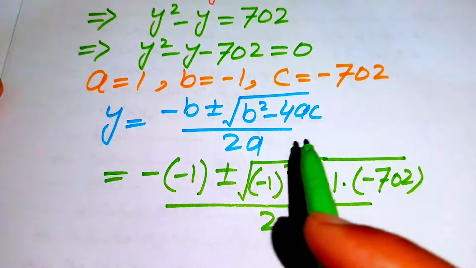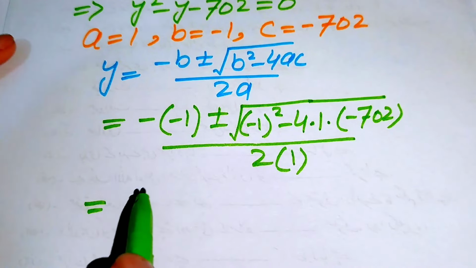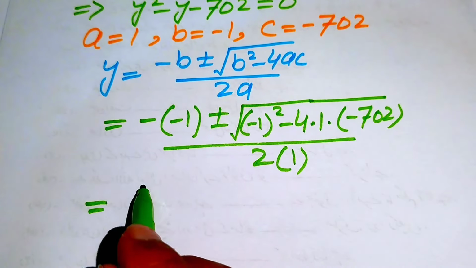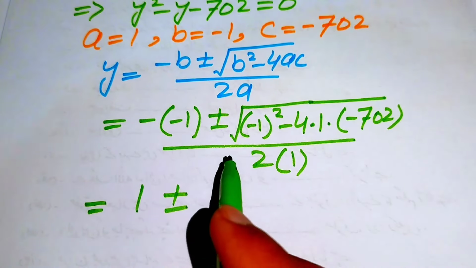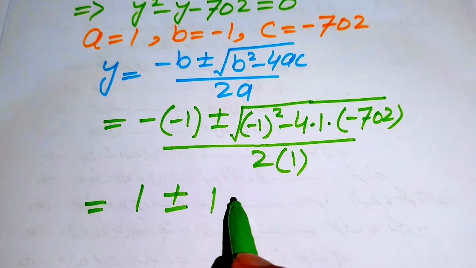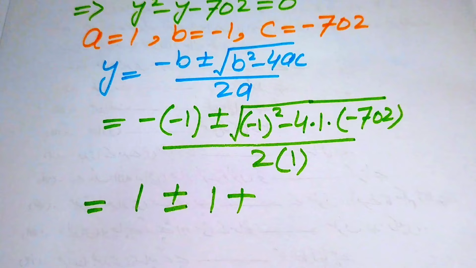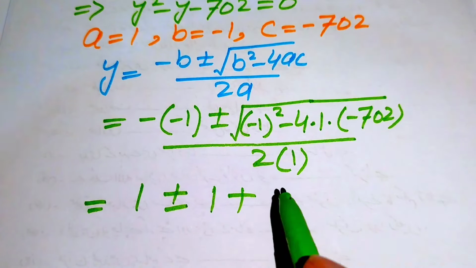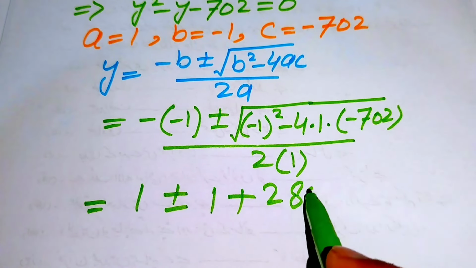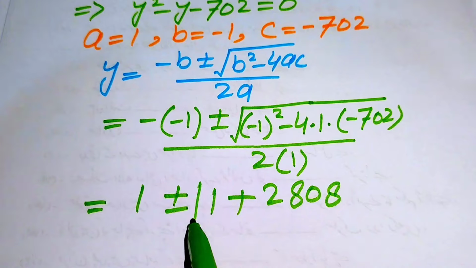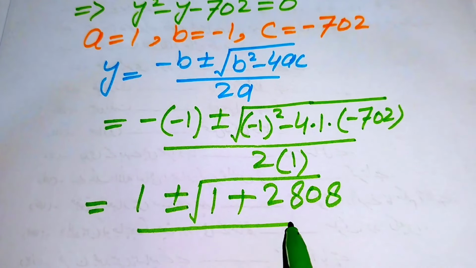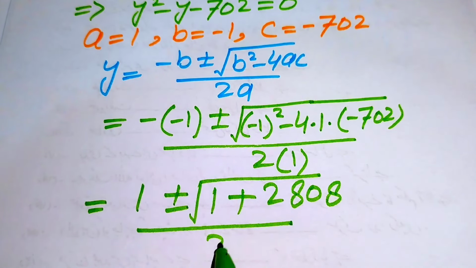Now we need some simplification. Minus times minus becomes plus, so we get 1 plus minus square root of 1 squared, which is 1, plus 4 times 702, which equals 2808, and this whole square root divided by 2 times 1, which is 2.